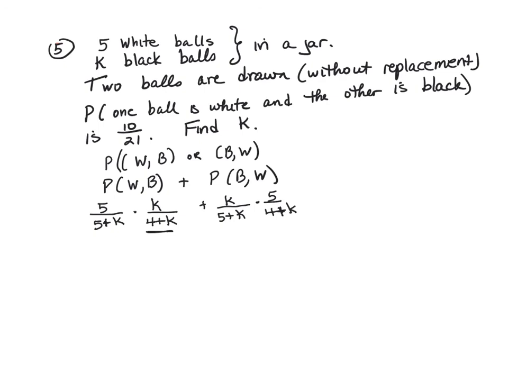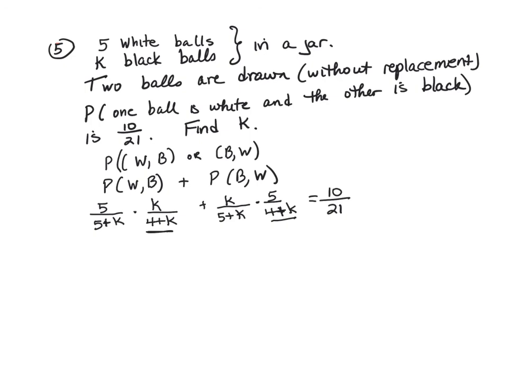In the same way, the probability that the first ball is black would be K over K plus 5. And again, there's 1 less ball, so the denominator is 4 plus K, but there's still 5 white balls. And when we add these two, we get 10 out of 21. Lo and behold, we have a rational equation. Now, we could actually simplify this into the following.